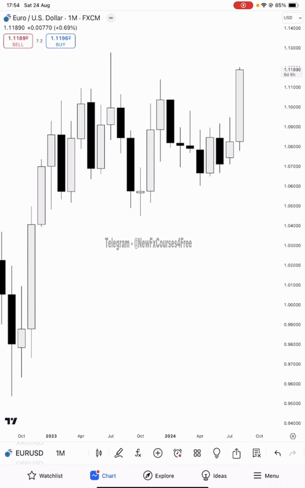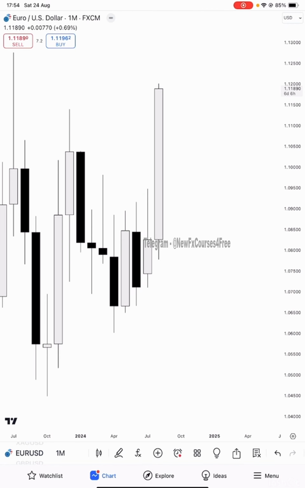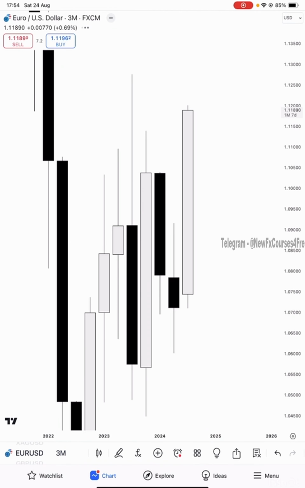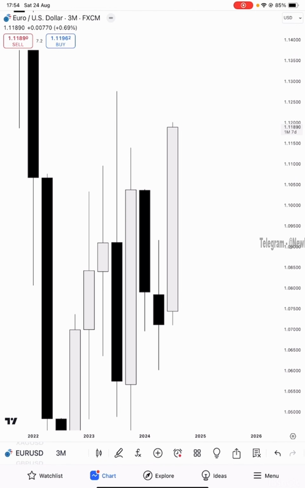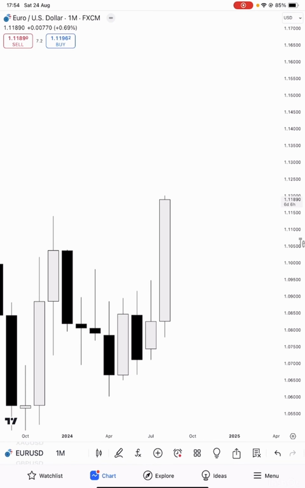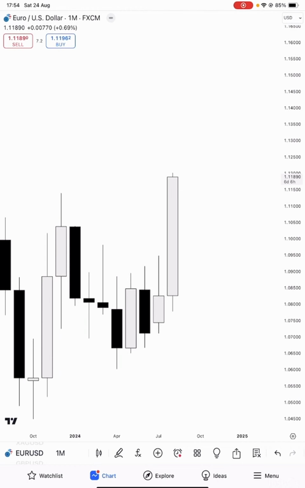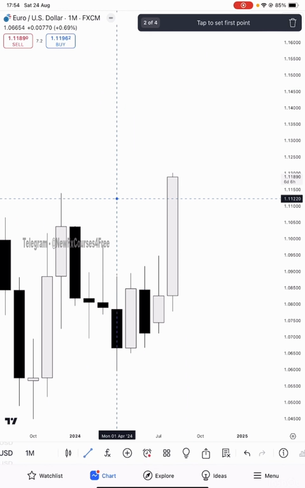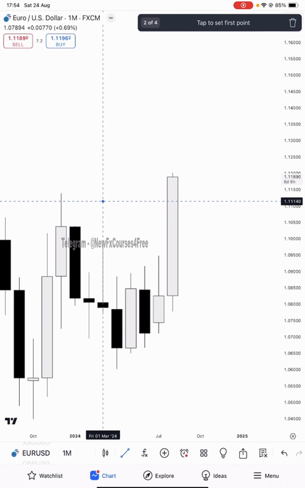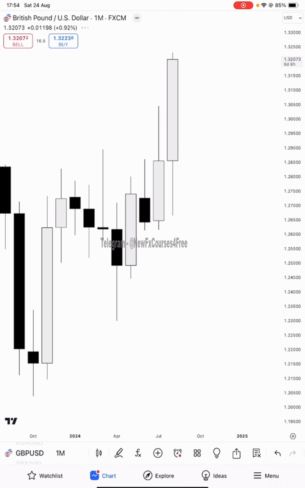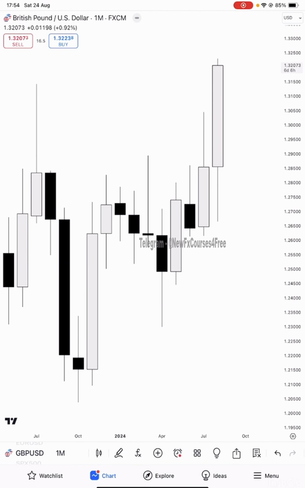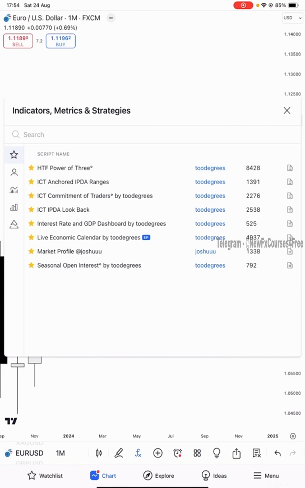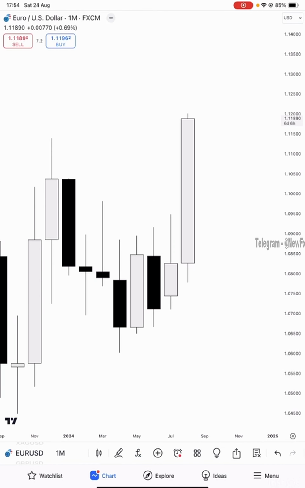So let's remove this, and I will show you on the euro monthly chart. I know because I traded this. No, sorry, 3 months. Maybe GU, it was GU, no, euro.